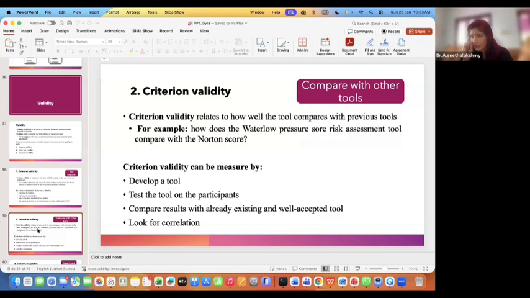You collect the data. There will already be many pain management tools, correct? Take one of the tools from the literature and give it to the same set of participants. Ask them to fill it in.